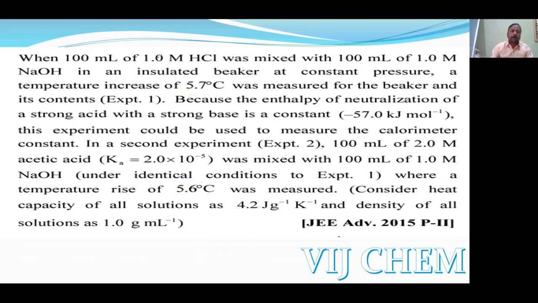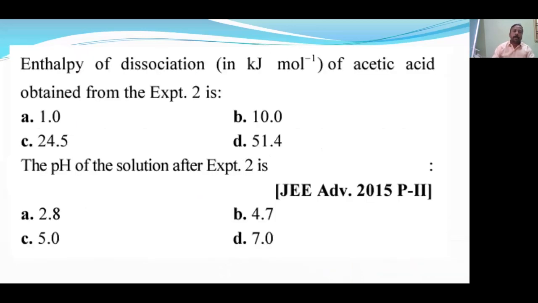Now let us see the enthalpy of dissociation of acetic acid. Actually, it is supposed to be 5.7, but it is 5.6. So depending on how much it is less per mole, you can calculate this one. Can you calculate or not?